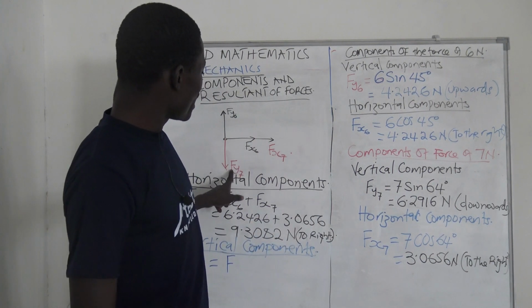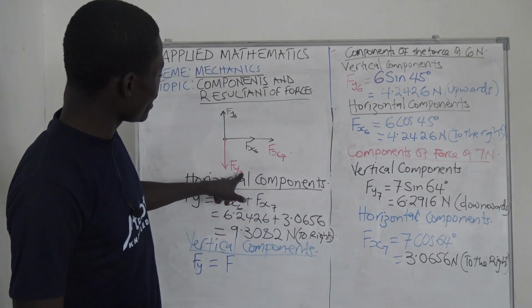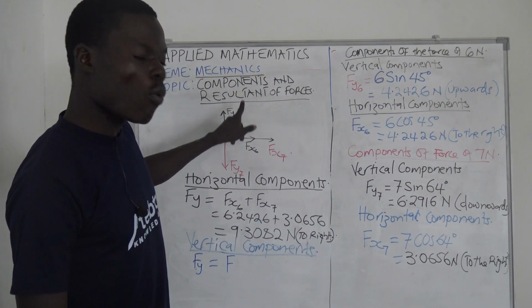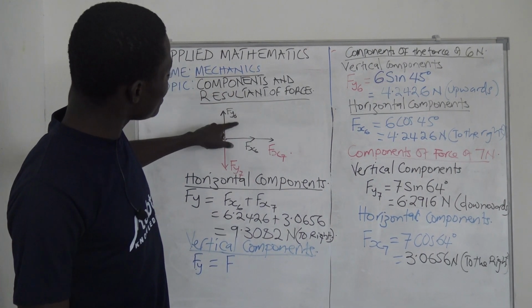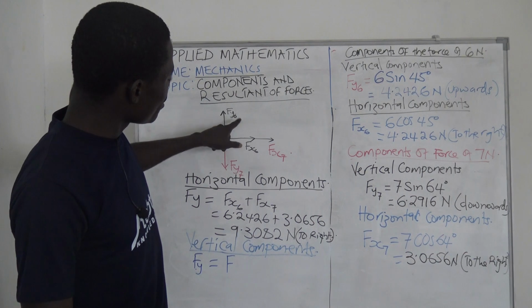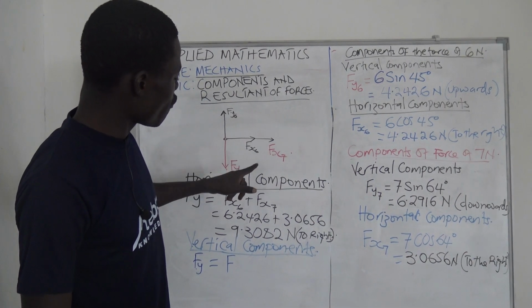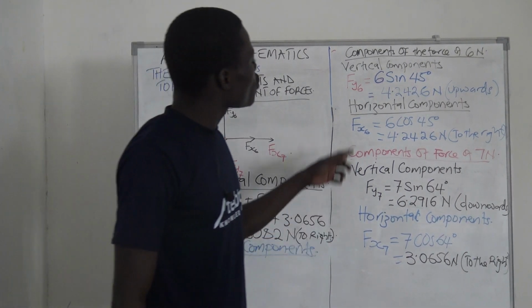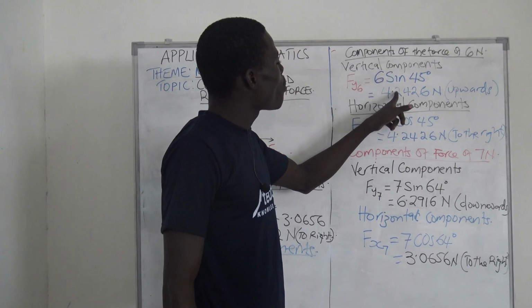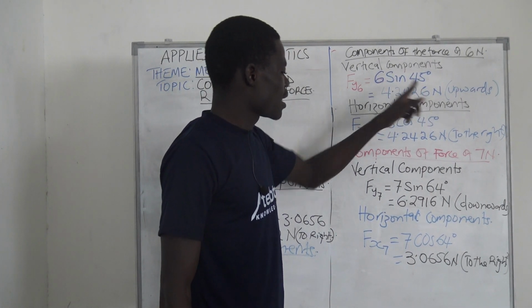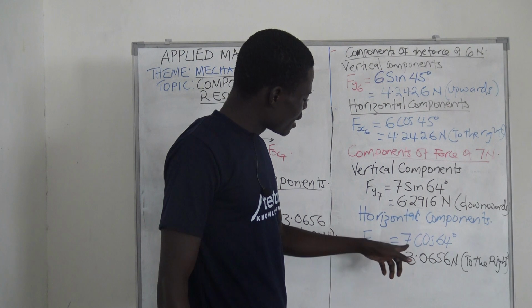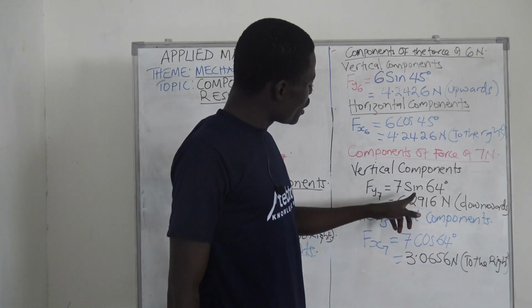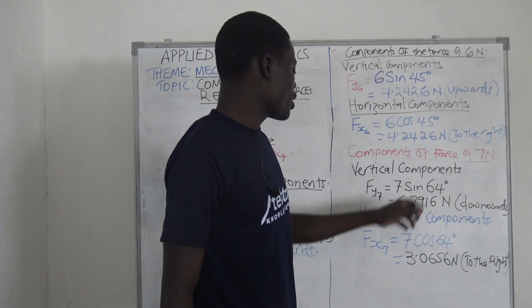If this one is big, we shall get Fy7 minus Fy6. If Fy6 is big, then we shall get Fy6 minus Fy7. So this one is 4.2426, and this one is 6.2916. Which one is big?